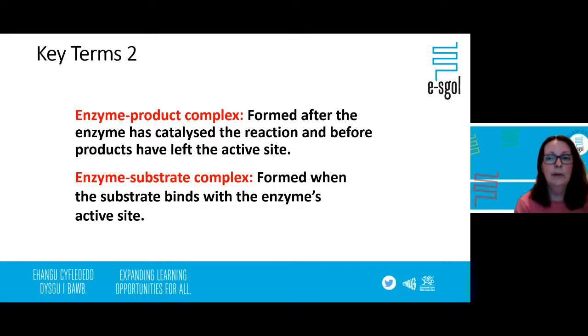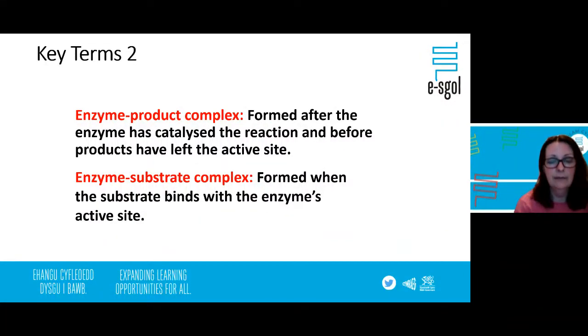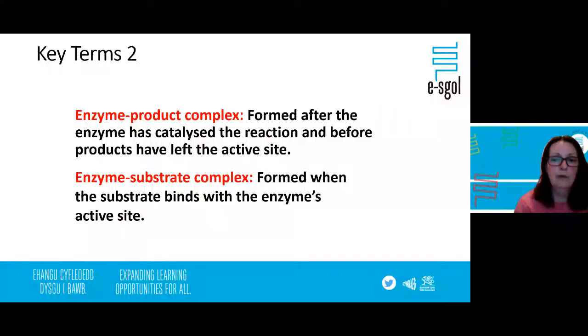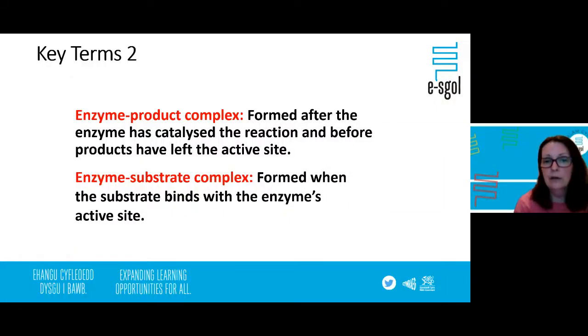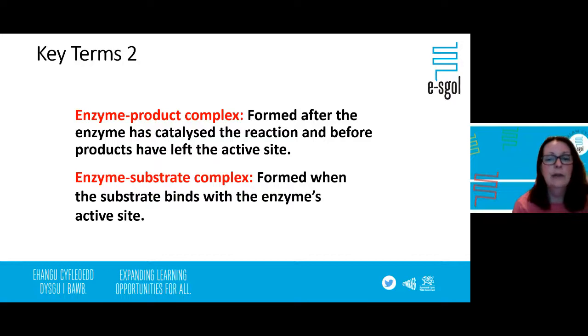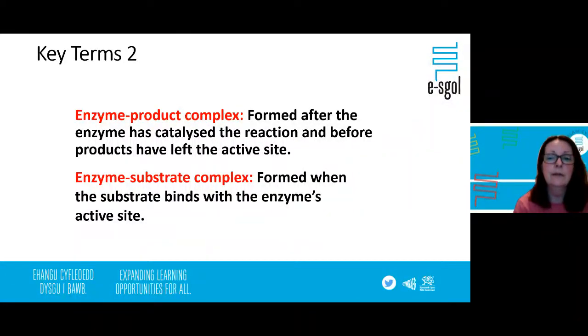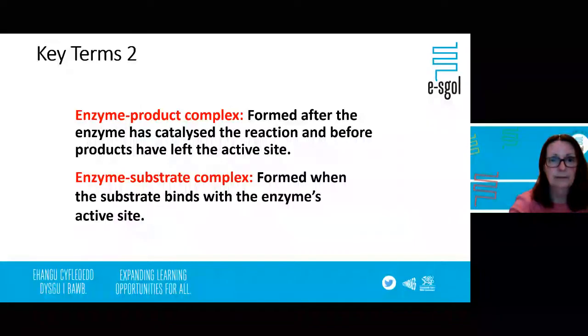And this is what happens in a reaction when the enzymes catalyse the reaction, but before those products leave the active site. So you've got the enzyme substrate complex towards the start of the reaction when the substrate binds with the active site, and then you've got the enzyme product complex nearly at the end of the reaction before those products leave the active site at the end of the reaction.